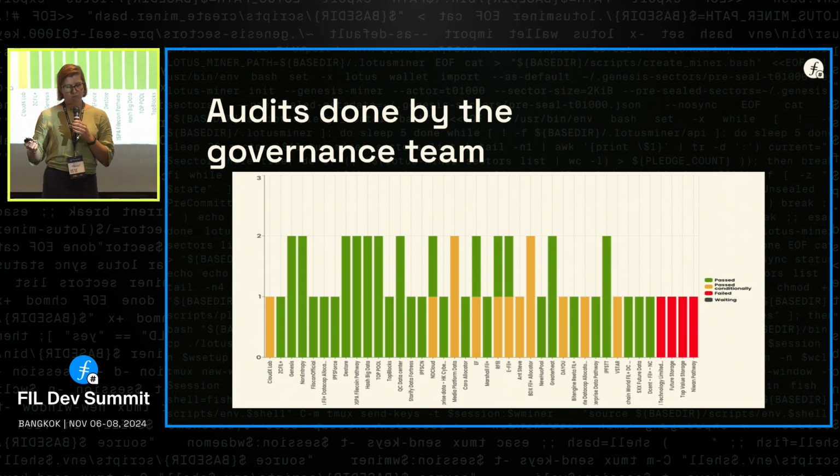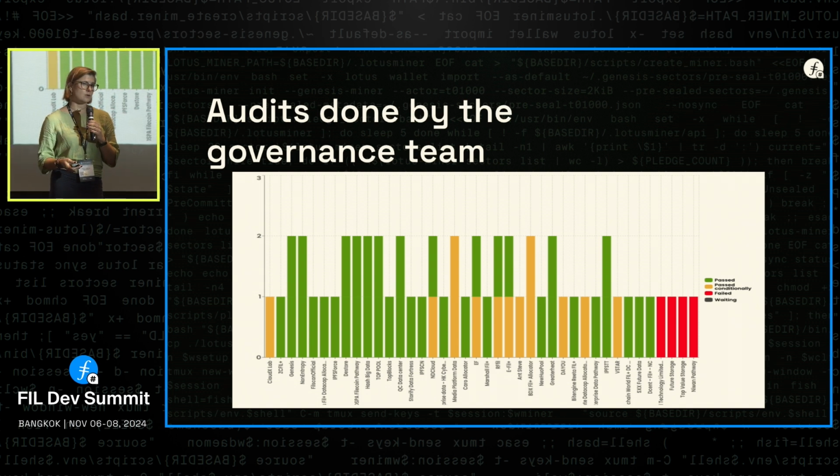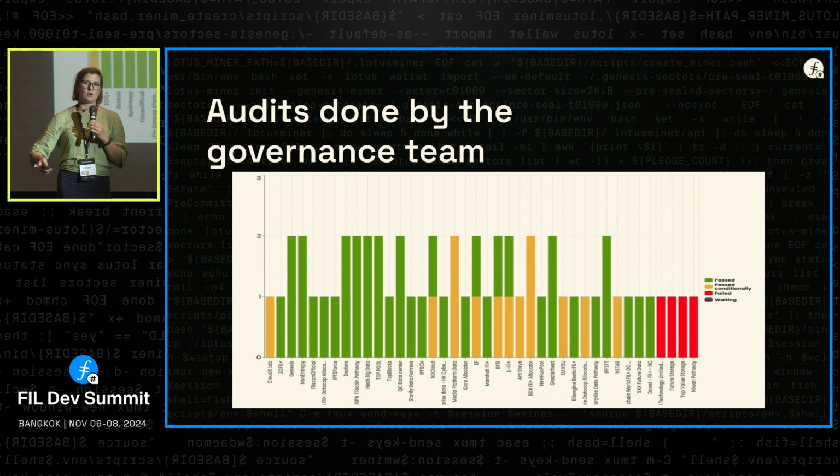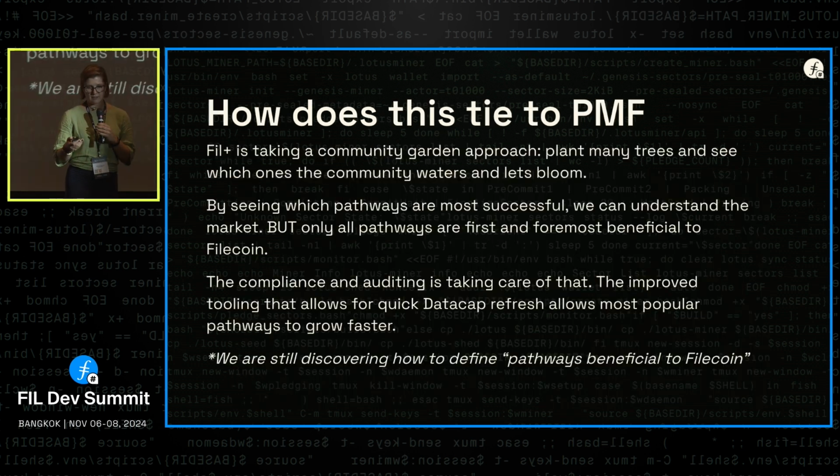So that's a mix of manual and automated tools, but that's how we make sure that allocators meet the requirements that they've set out for themselves, or the governance team does.